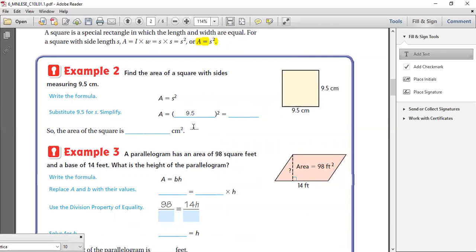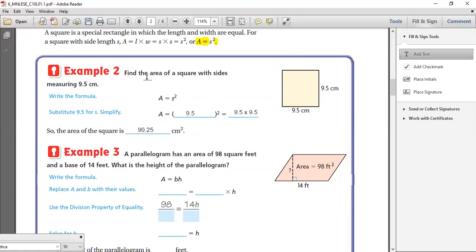Okay, now 9.5 square means 9.5 multiplied by 9.5. Now when you multiply 9.5 and 9.5, what is the answer you are going to be getting? 9.5 multiplied by 9.5 will give you 90.25 centimeter square. So this is how you find the area of a square.